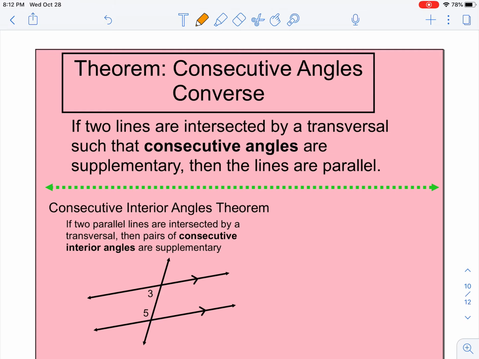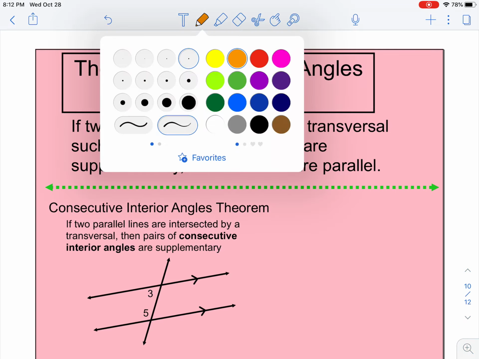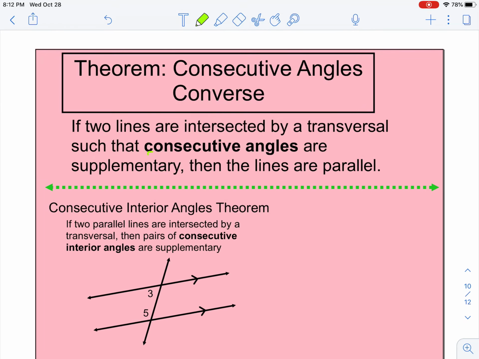And consecutive angles converse, okay, similar to what we had before, only these aren't going to be congruent, they're going to be supplementary. So in this example, we are given lines intersected by a transversal such that consecutive angles are supplementary. So here's our lines, again, intersected by this transversal.